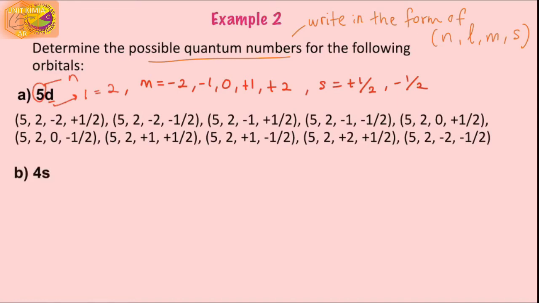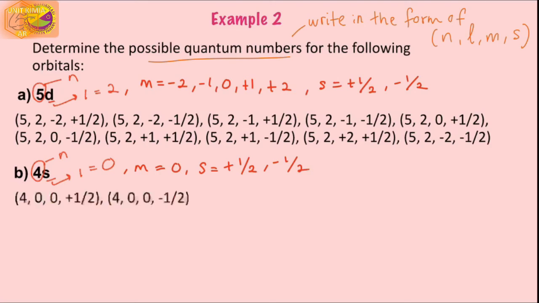B. For 4s. The value of n is 4 and the value of l is 0. Hence, the value of m is also 0, while the value of s are +half or -half. Thus, we will have 2 possible combinations of quantum numbers. C. 3p.